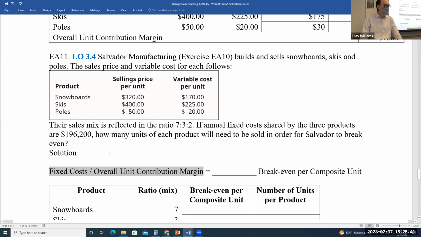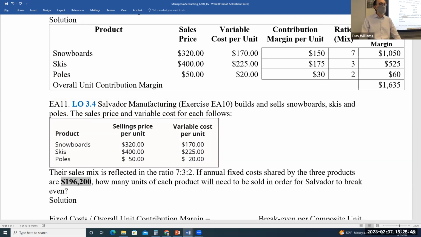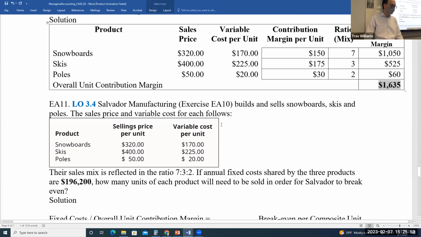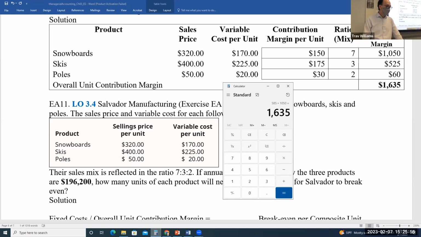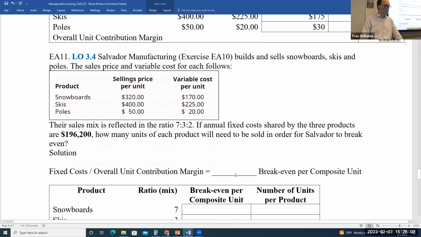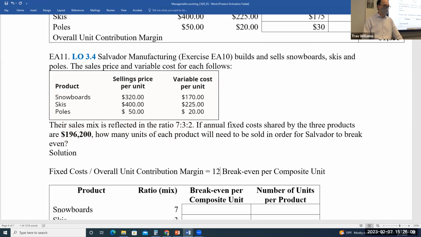So we take our fixed costs of $196,200, divide it by this 1,635 we just came up with, because that's the contribution margin for a composite unit. And let's see what we get. We need 120 composite units to break even. Okay, if we sell 120 composite units, we'll break even.